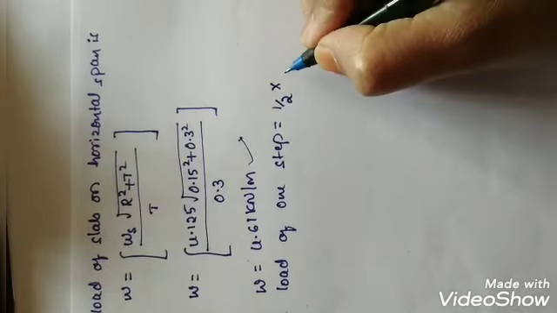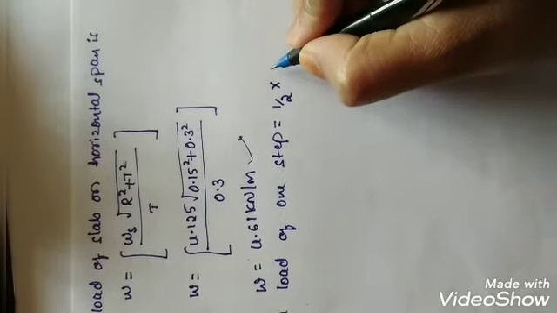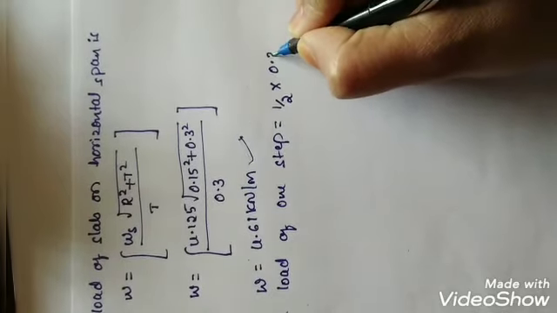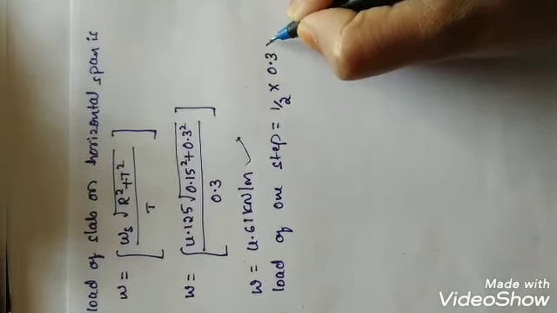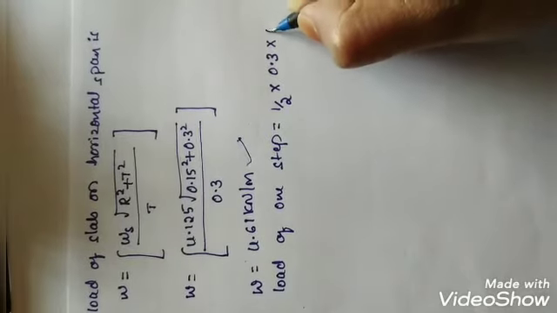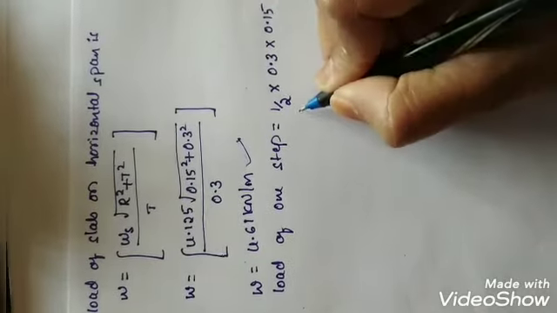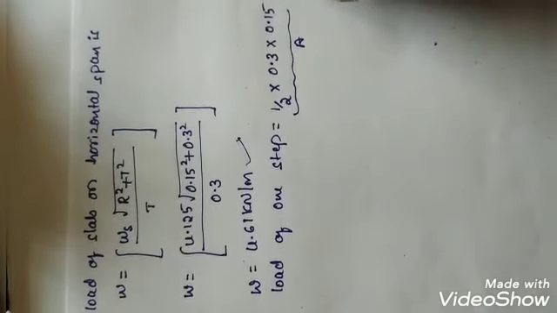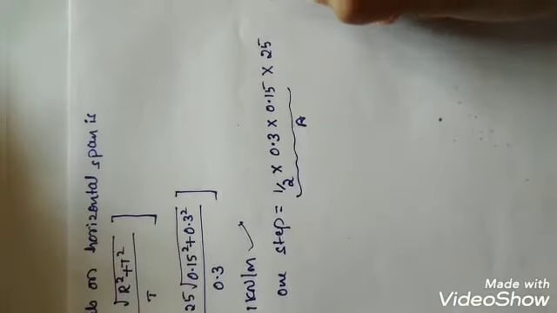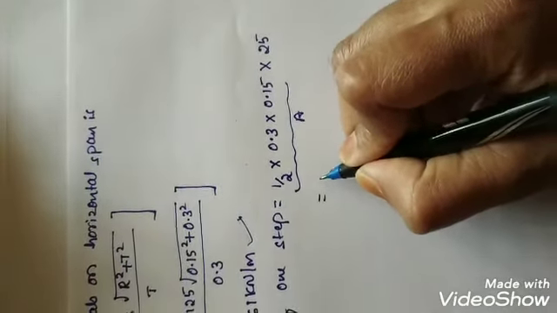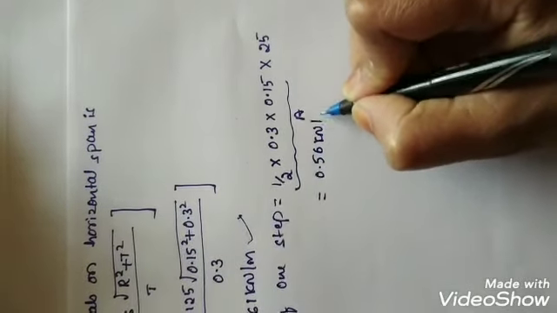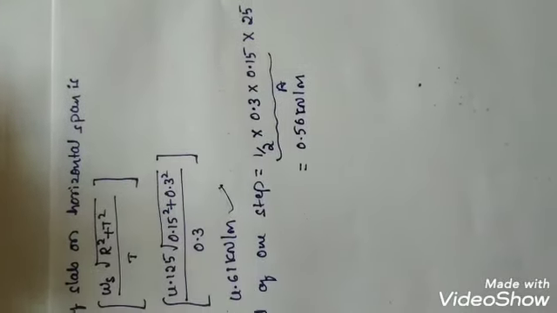So half into thread, which I will consider as the horizontal width. Thread usually we have as 300 mm, nothing but 0.3, and rise I will consider as 0.15. It is the area of one step into the unit weight. Unit weight is 25. If you calculate this value, you get 0.56 kilonewton per meter. So this is the dead load of one step.